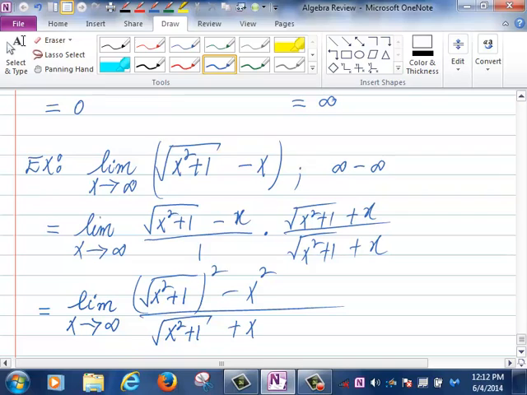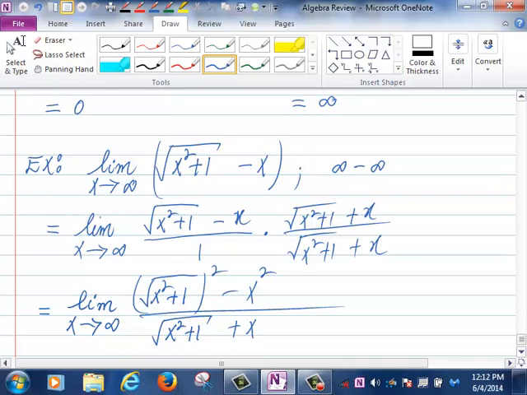So I divide by the root of x squared plus 1 plus x. Now I multiply the denominators, multiply the numerators. If you multiply the numerators, you're going to end up with the square of this guy minus the square of this guy. If you want, you can multiply them by using FOIL and see what happens.